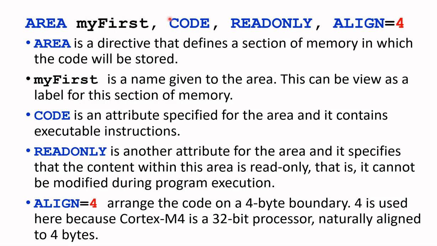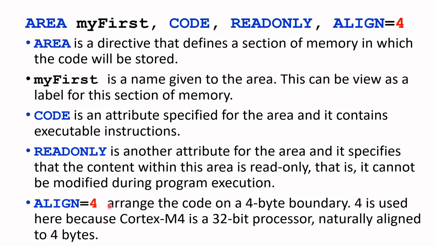The next one, CODE, is an attribute for the area, and it contains executable instructions. The next one, READONLY, is another attribute for the area, and it specifies that the contents in this area are read-only. What that means is the contents cannot be modified during program execution.